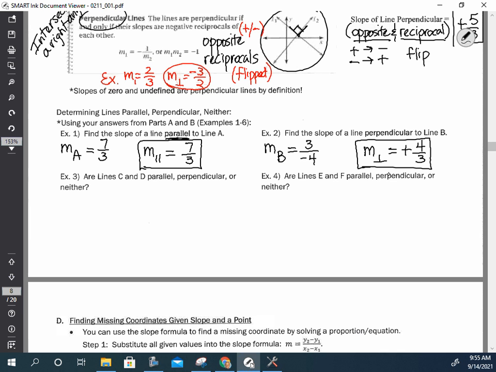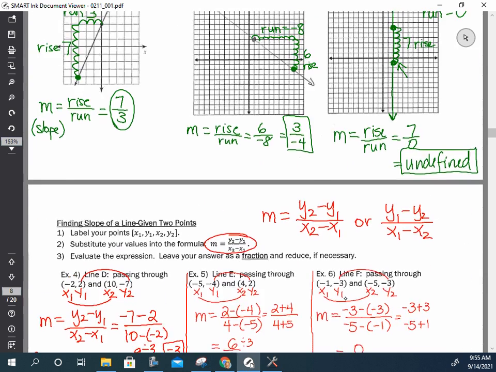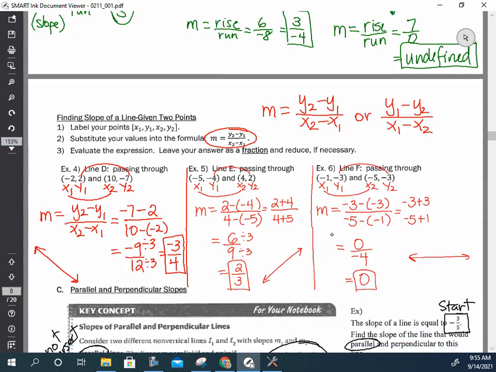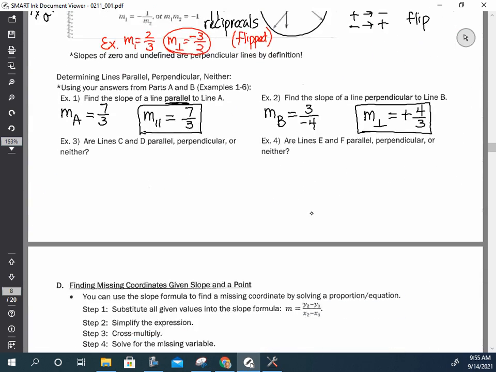All right, example C. Are lines C and D parallel, perpendicular, neither? So now we're making a value judgment. Let's look at the two answers. Line C was undefined. Line D was -3/4. So the slope of C was undefined.